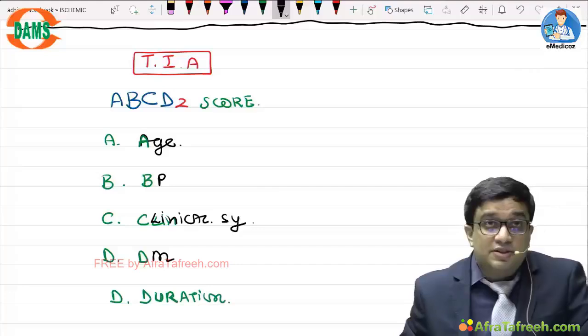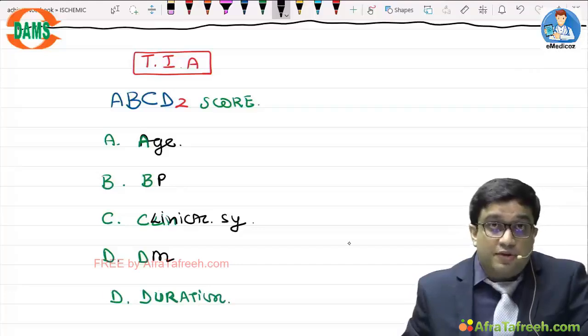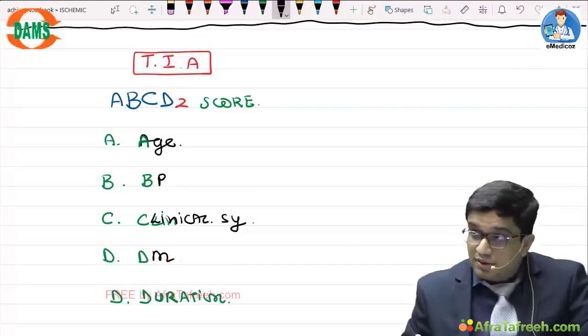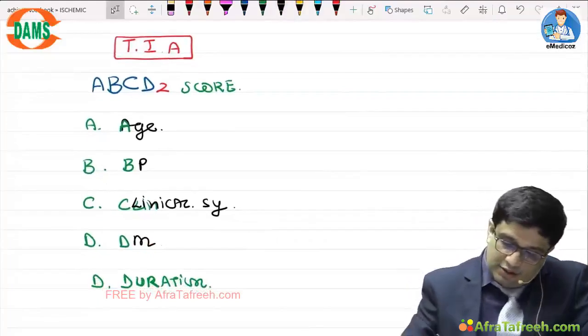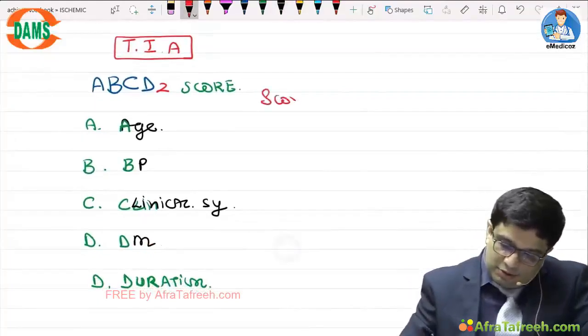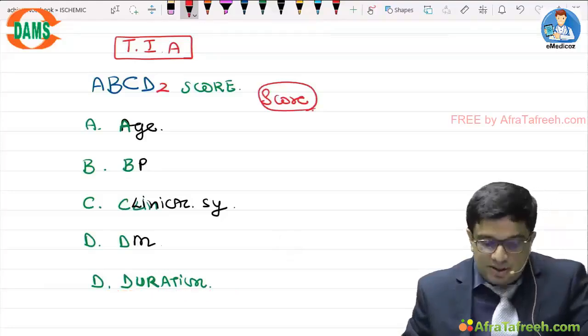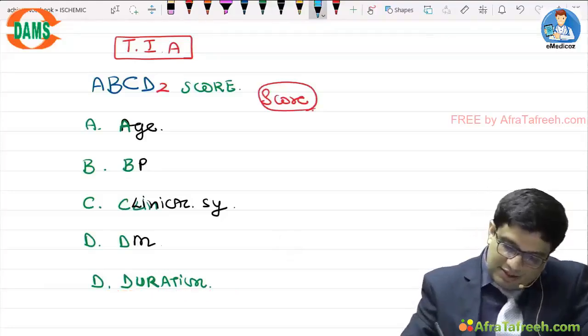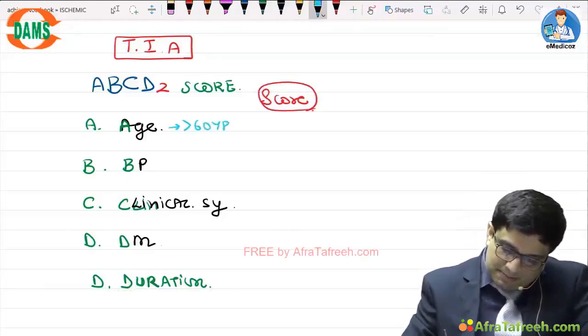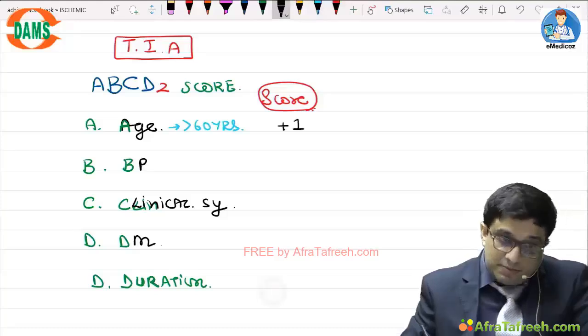Now depending on these five things that we take for scoring, we allot a particular score to our patient. If the patient who has come to me with TIA is above 60 years of age, then these patients get a +1 score.